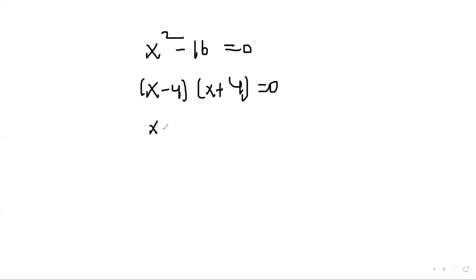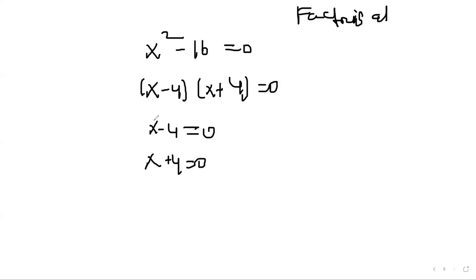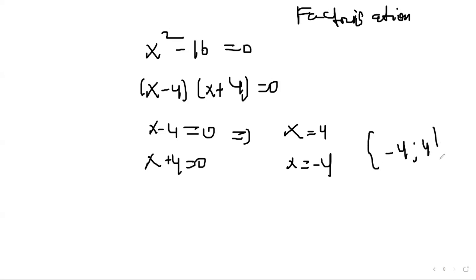So from here we get x minus 4 equals 0 and x plus 4 equals 0. Again, this is the factorization method. Here we get x equals 4 and here x equals minus 4. So the equation has got two solutions, minus 4 and 4.